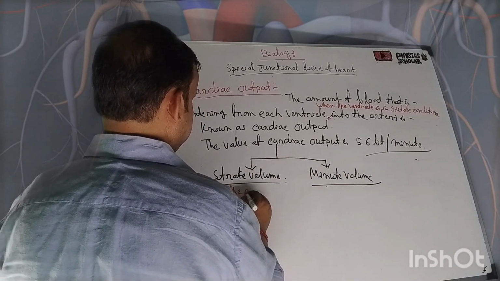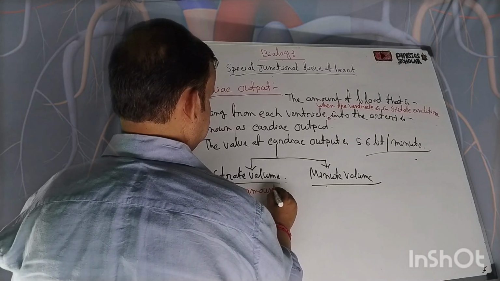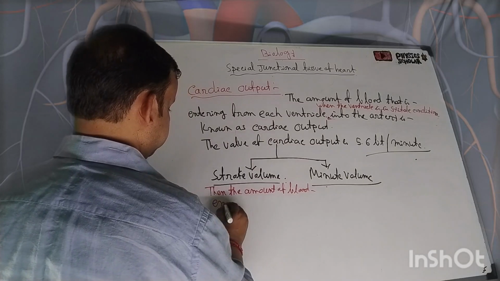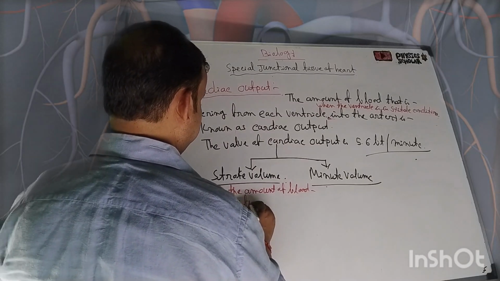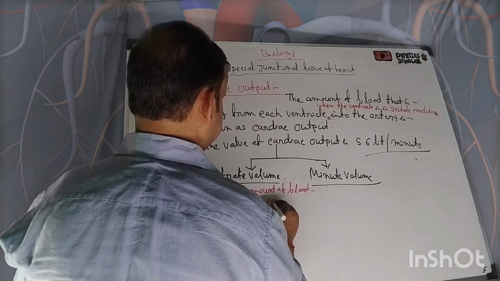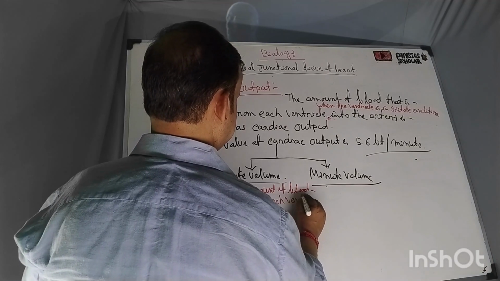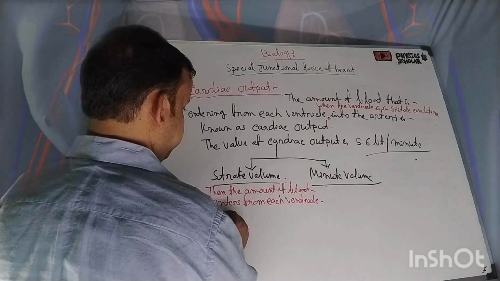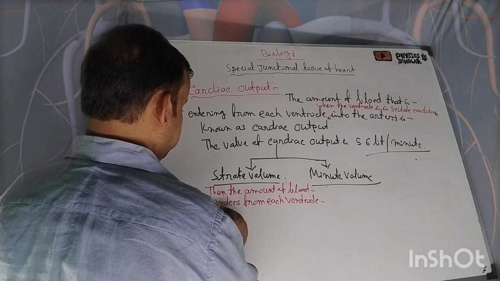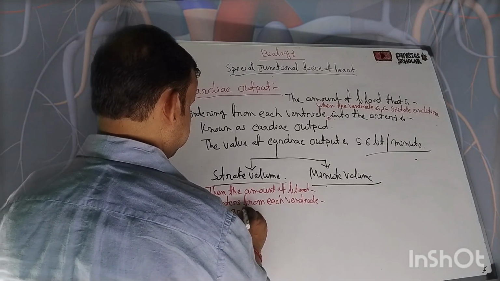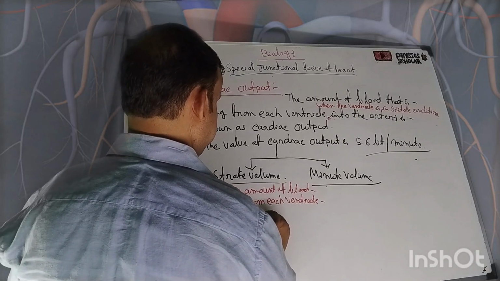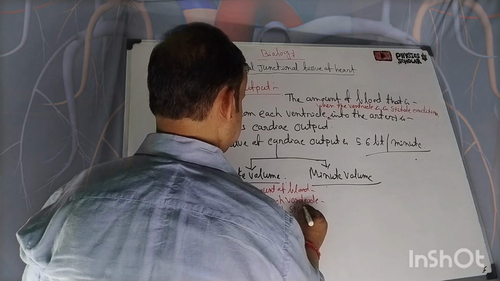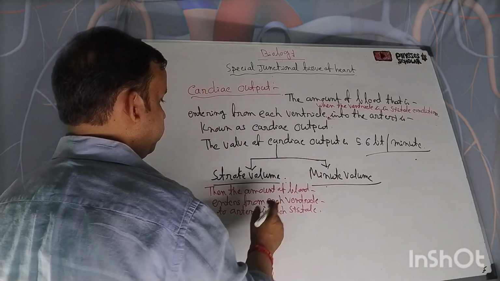So stroke volume means when the ventricle is in systole condition, then the amount of blood that enters from each ventricle to the artery in each systole is known as stroke volume.